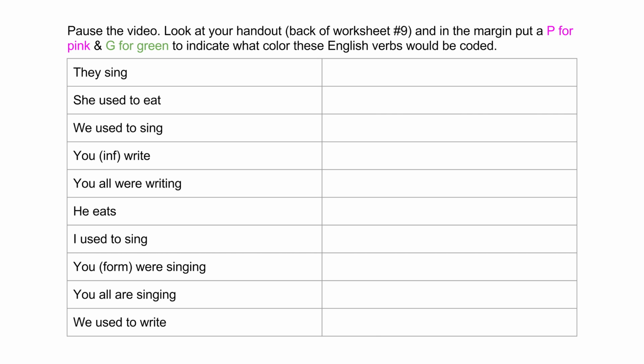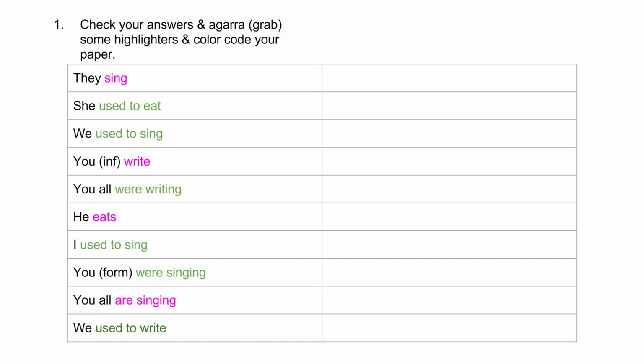Okay? All right. So I want you to pause the video and look at your handout. It's on the back of worksheet 9 where you took your notes. And in the margin, I want you to put a P if that verb phrase would be pink for present, or G for green, which indicates the past tense. Okay, green is indicating used to do something. So do that now, pause and do that, and then check your answers. Okay, check your answers.